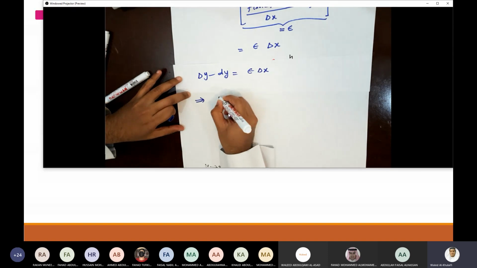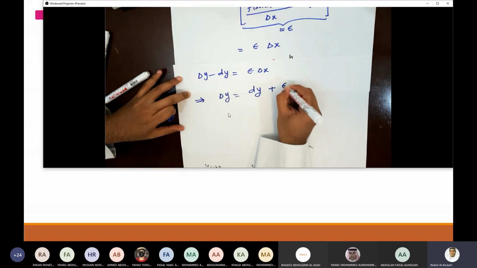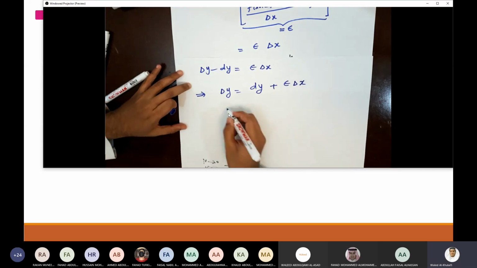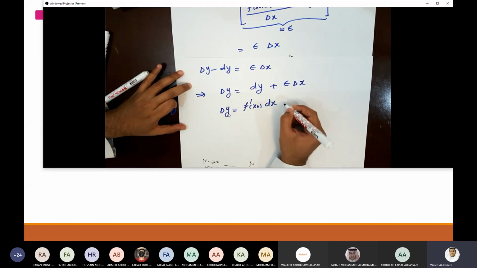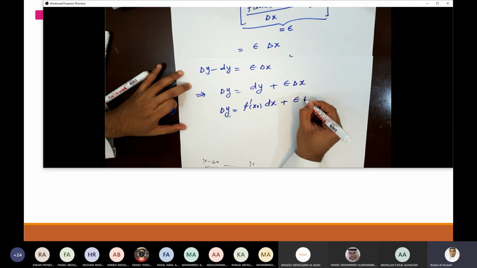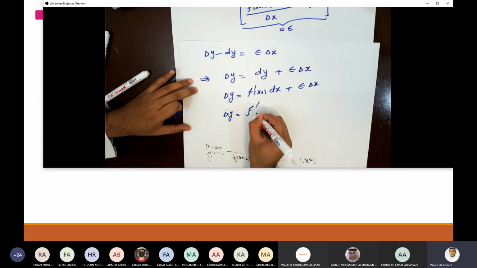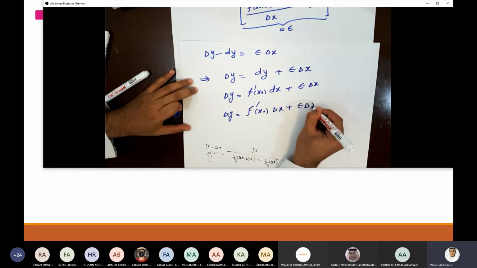This implies that delta y is equal to dy plus epsilon delta x. In other words, this is f prime of x naught dx plus epsilon delta x. Remember, guys, we can replace dx by delta x.